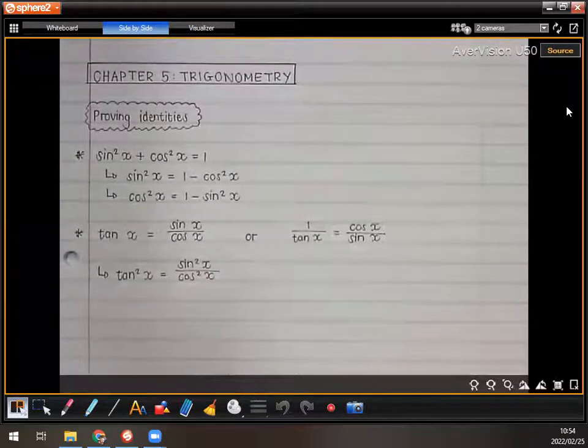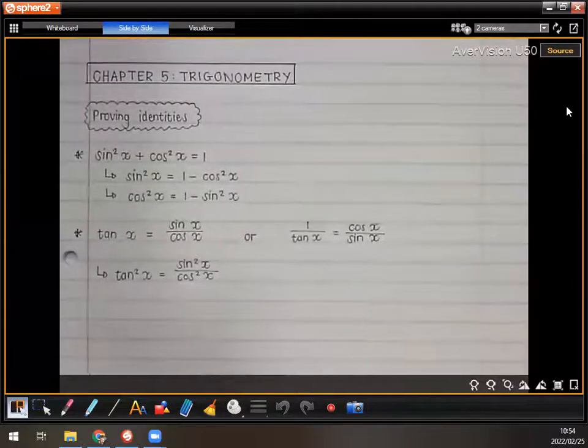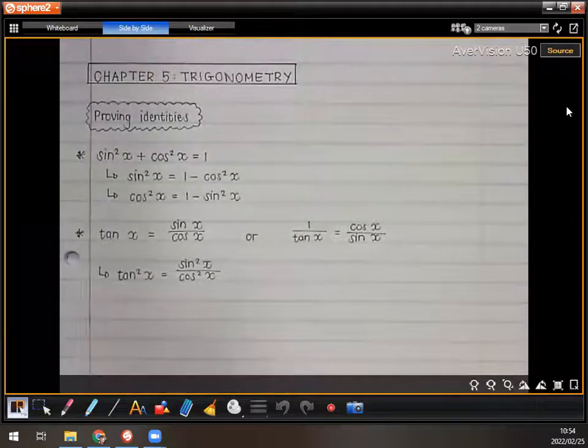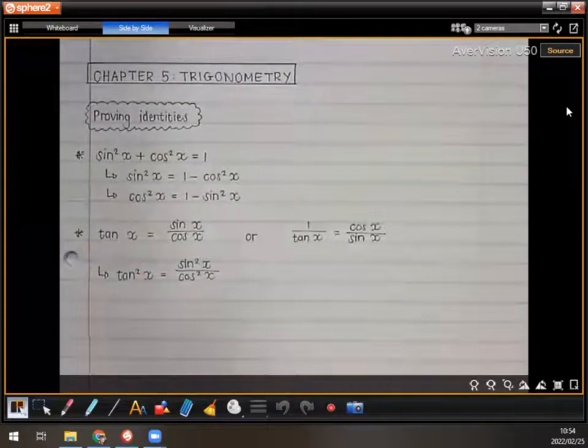Yes, so you can change it around like that. And guys, remember quite often that if you see a tan, normally if you change it to sine over cos, you'll get a mark straight away, unless there's another tan at the bottom you can cancel out. But usually that's almost a guaranteed 1 mark.